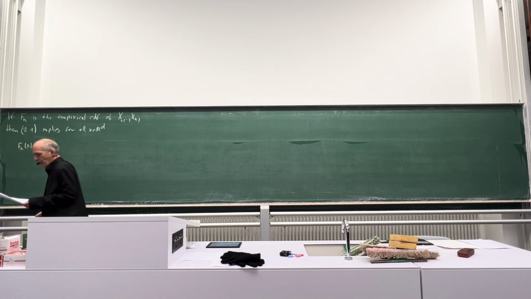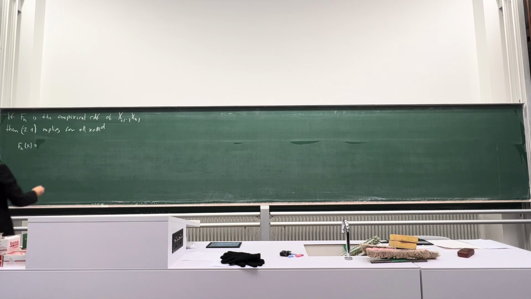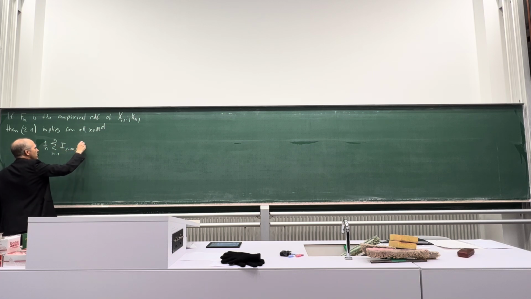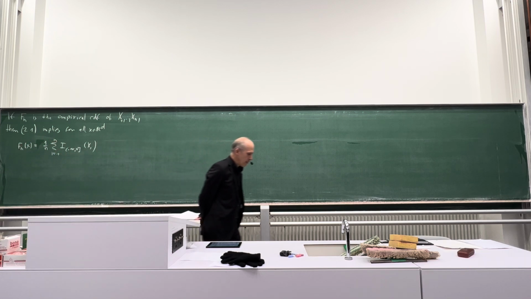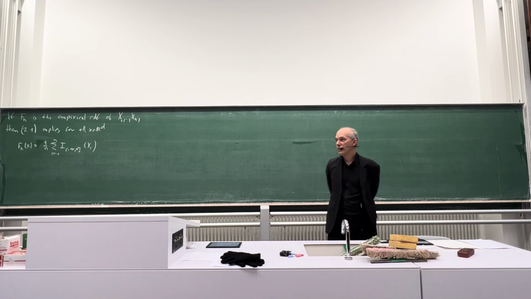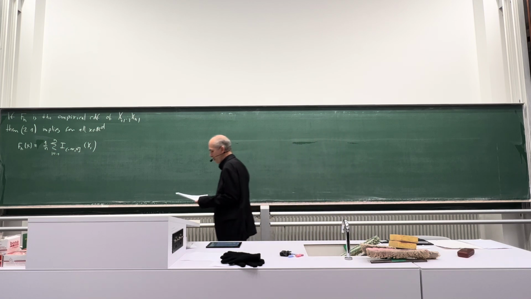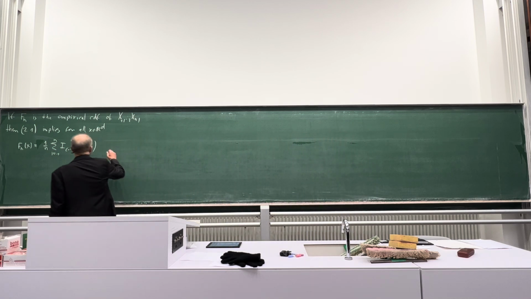Fn of x, and you can either conclude it from 2.1 or you make the same proof. It's 1 over n times the sum i equal 1 to n of the indicator function of minus infinity to x evaluated at Xi. Now again you have IID random variables which are integrable, and the arithmetic mean by the strong law of large numbers converges almost surely to the expectation.